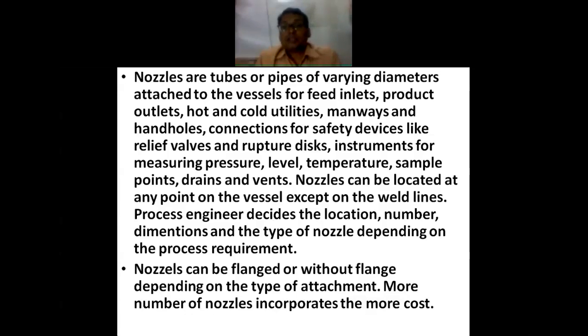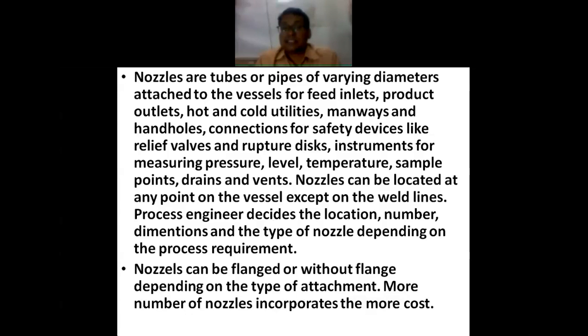These nozzles can be located at any point in the vessel. They can be on the weld lines. The process engineer has to design the location, the number, and the dimensions of the nozzle. This all depends on the process requirement.